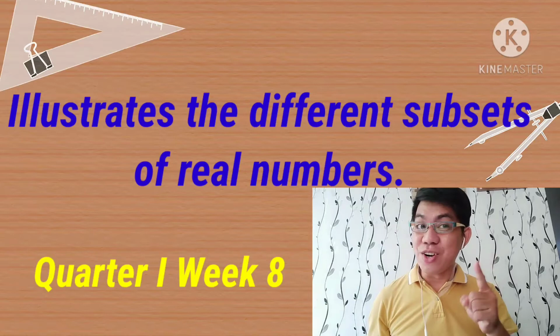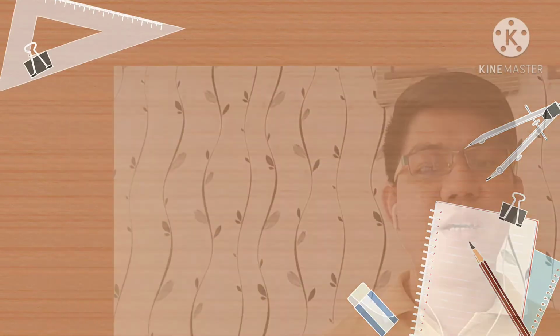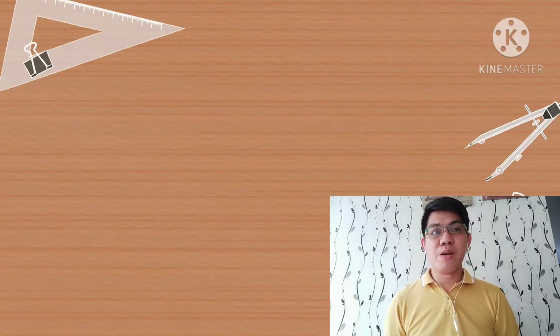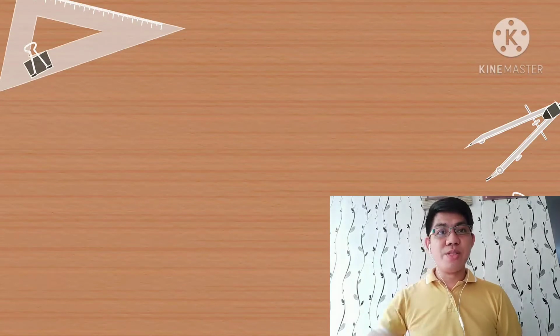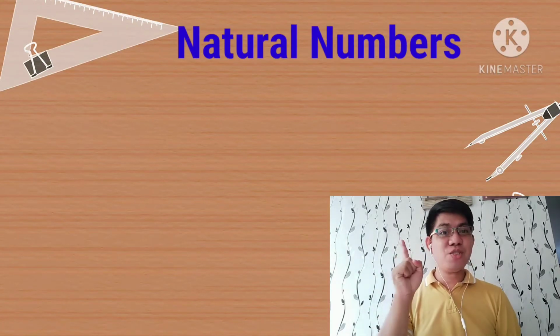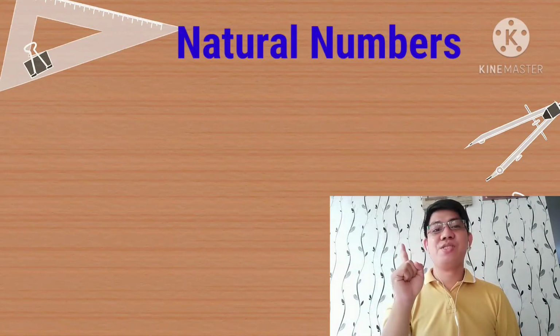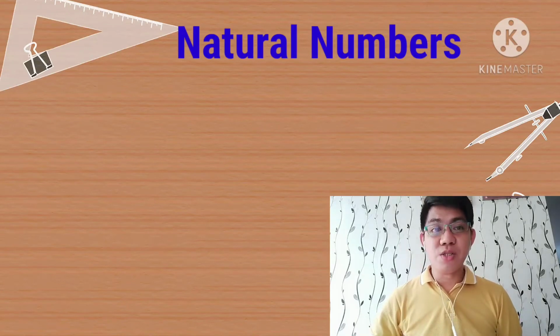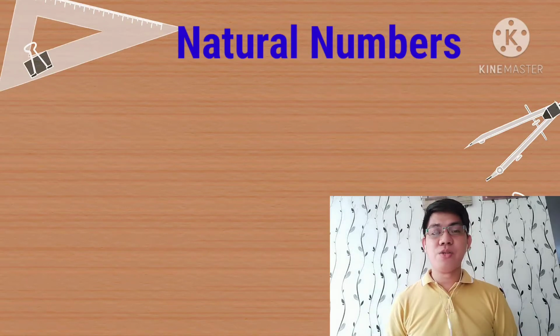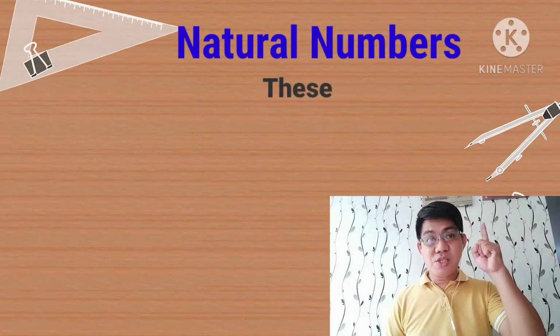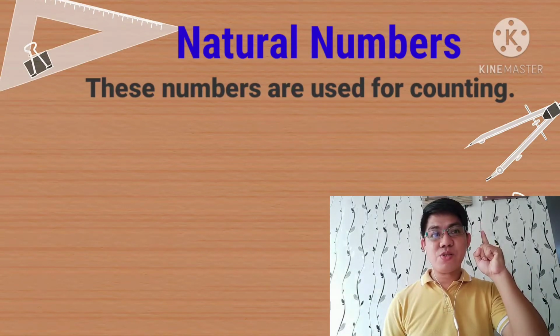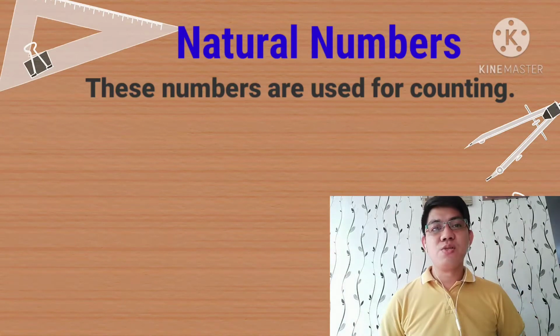Mga kabasic, the first subset of real numbers is what we call natural numbers. So when we talk about natural numbers, these numbers are used for counting.